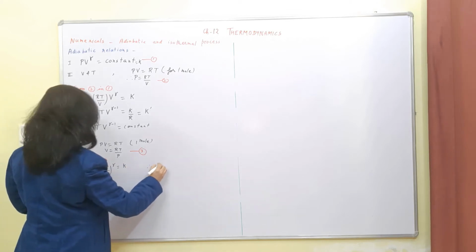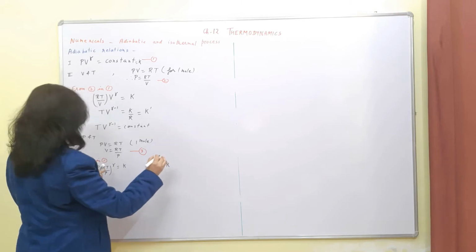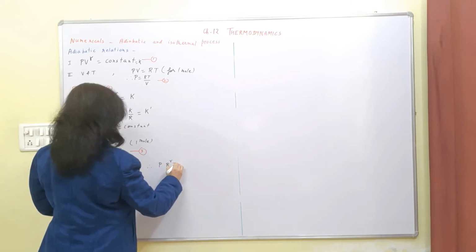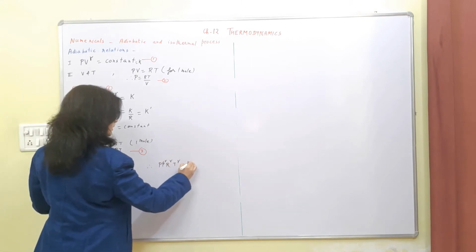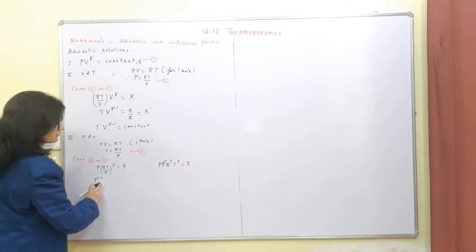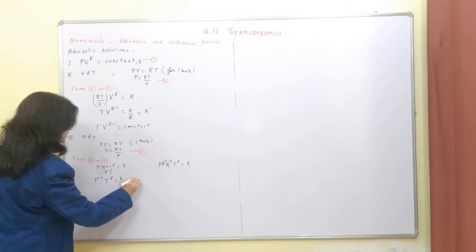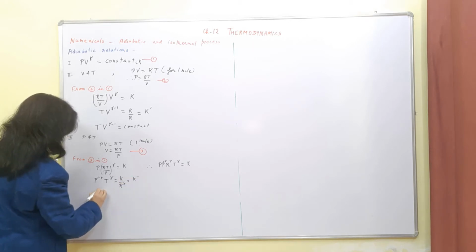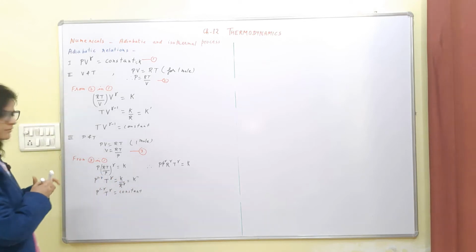So this will be R to the power gamma, T to the power gamma, and here P to the power minus gamma. So this will be P to the power 1 minus gamma and T to the power gamma is equal to K upon R to the power gamma, and this will also be a new constant. So we can write down P to the power 1 minus gamma T to the power gamma is equal to constant. So this is the third adiabatic relation.